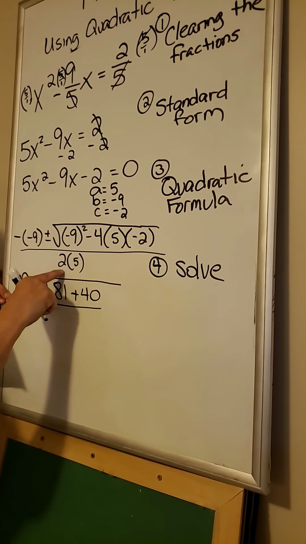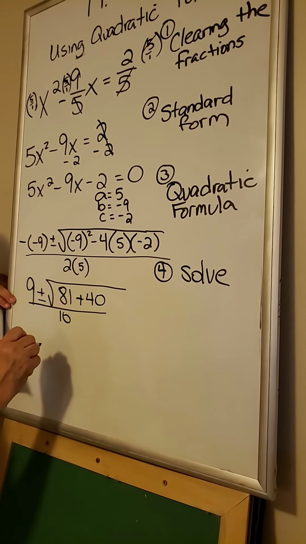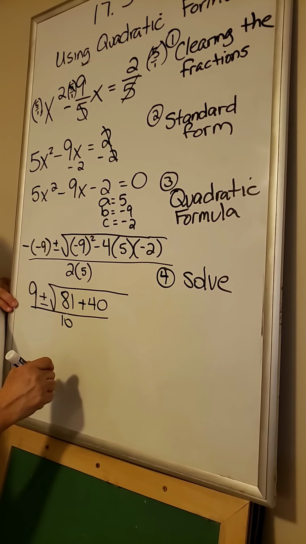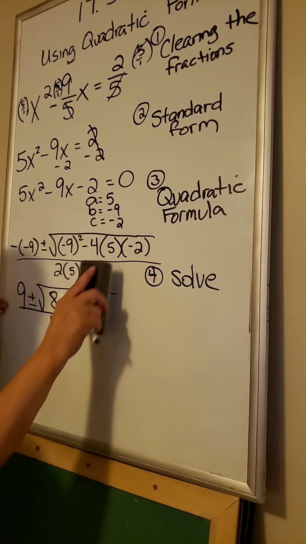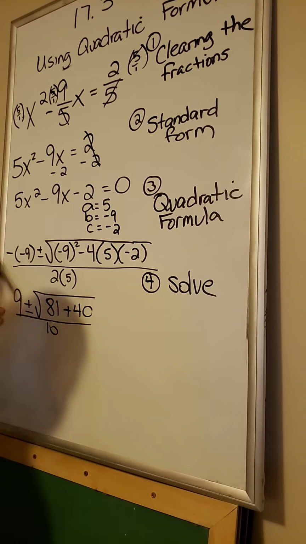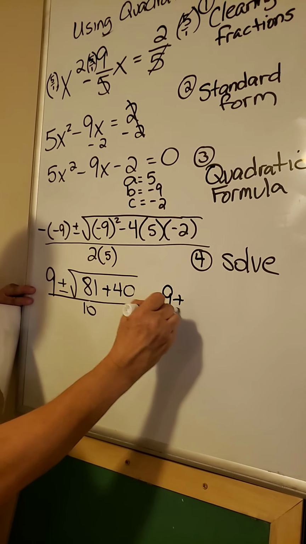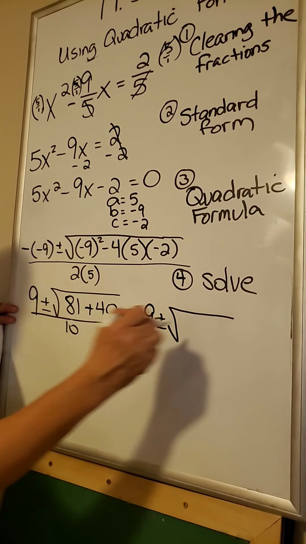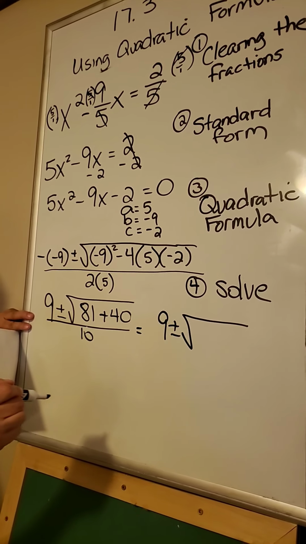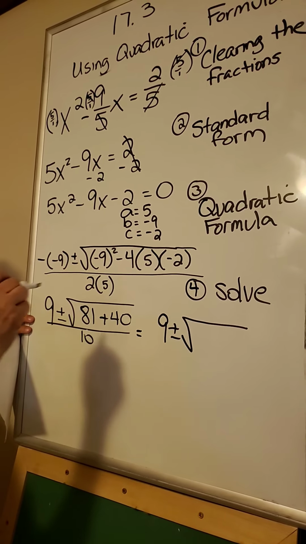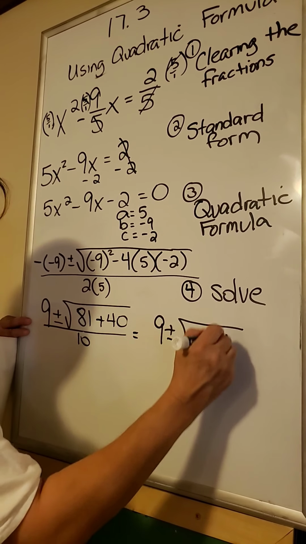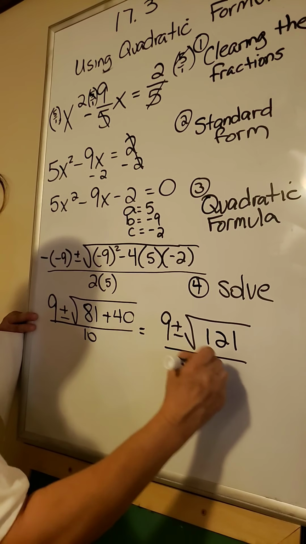Over 2 times 5 is 10. So let's go ahead and simplify this. That's going to give us 9 plus or minus radical 81 plus 40, which gives us 121, over 10.